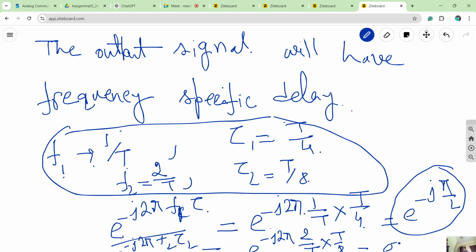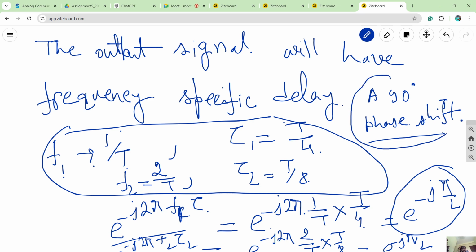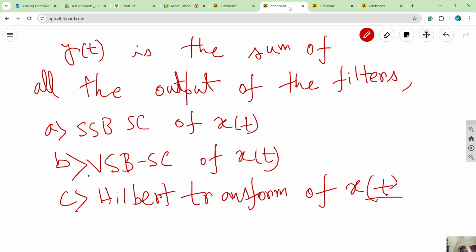That is again e to the power minus j pi by 2. So the output is always a 90-degree phase shift. As it is a 90-degree phase shift, it is the Hilbert transformation of x(t).